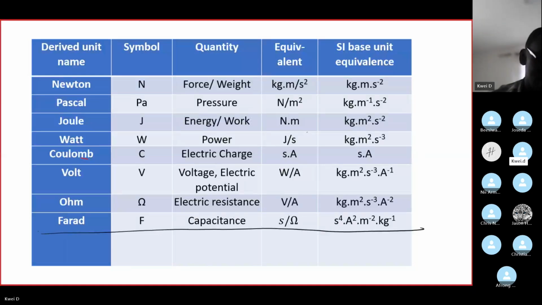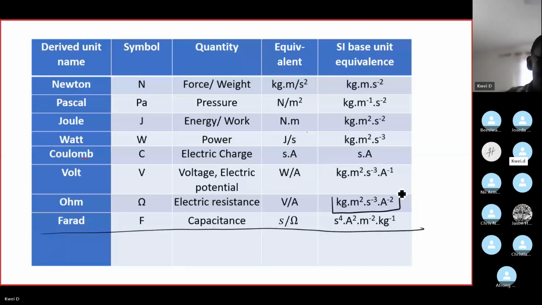For example, insulators resist the flow of electricity more than conductors. So you can measure the resistance within the material, how it is opposing the flow of electricity. It doesn't allow electricity to flow through it easily. You can measure that, and it's measured in ohm.